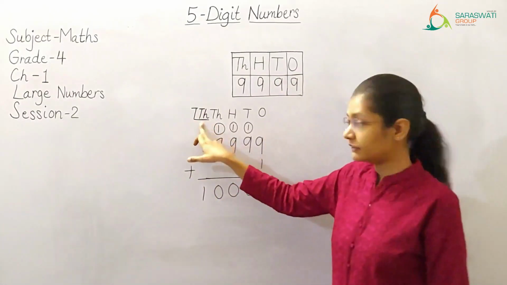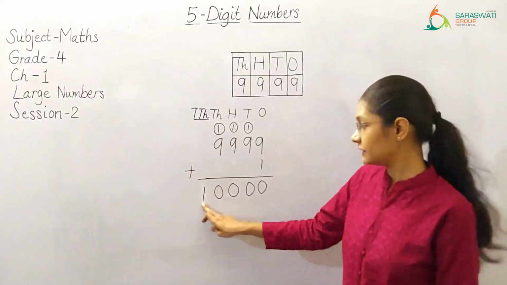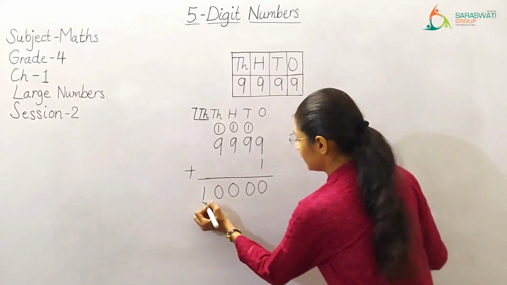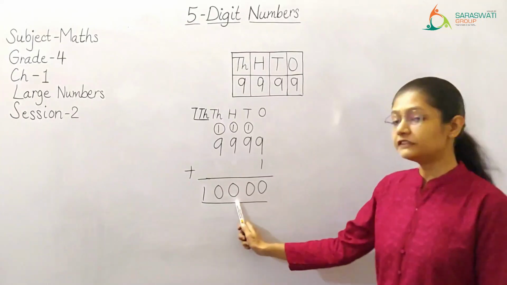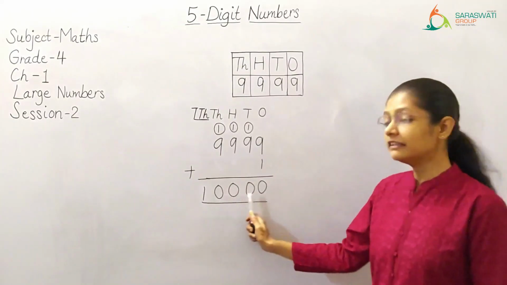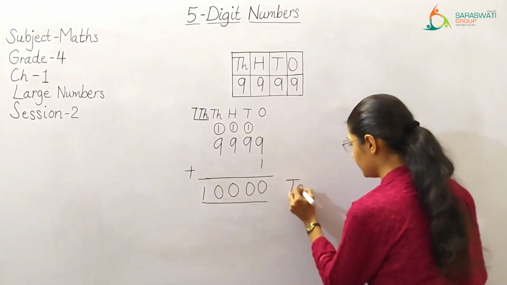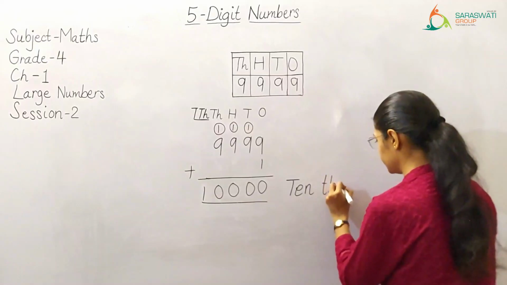So this is the 10,000s place and we will write 1 exactly under the 10,000s place. Now, this is the smallest 5-digit number and it is read as ten thousand. We write the number name as ten thousand.